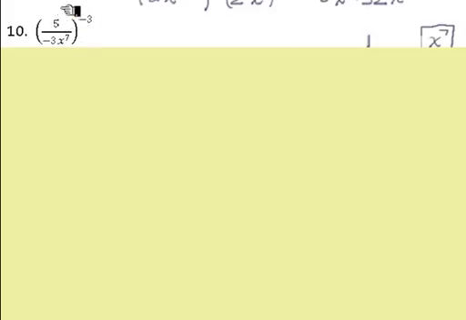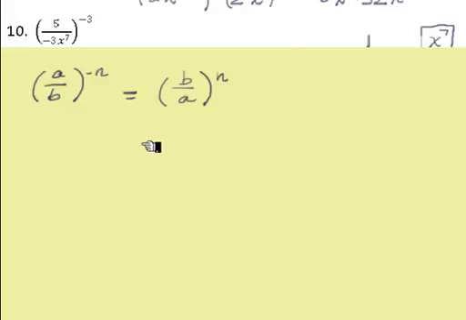In number 10, we have a fraction to a negative exponent. So we're going to use that reciprocal rule. All right, here's the reciprocal rule. If we have a over b to the -n, we take the reciprocal, b over a, and just change the negative n to a positive n. Okay, so let's use that in this case.